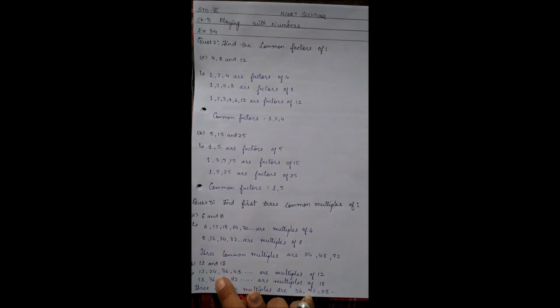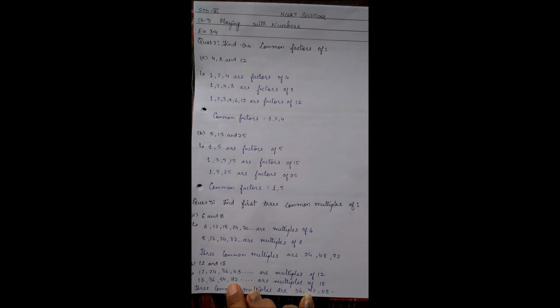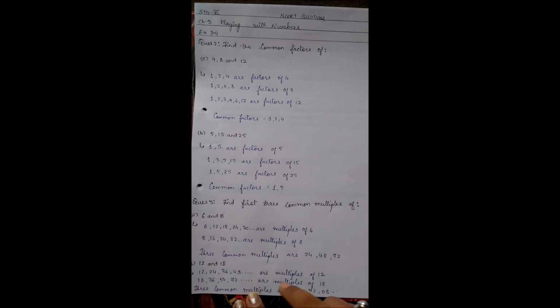So 12, 24, 36, 48 and so on is a multiple of 12. 18, 36, 54, 72 and so on is a multiple of 18. So three common multiples are 36, 72 and 108.